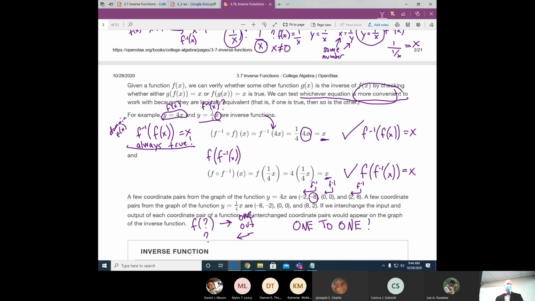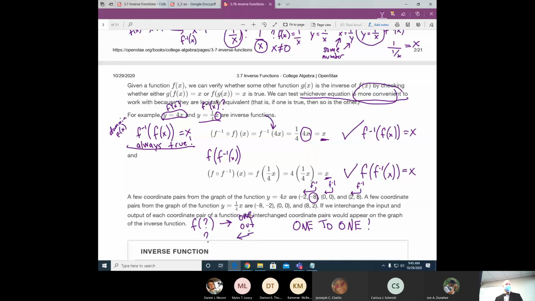If there were two outputs from two different inputs, I would not know which one to choose when I went the reverse direction. If I fed you a 1 and I got 2, and I fed you a -1 and I got 2, well, when I get 2, how do I know which one I go back to, the -1 or the +1?